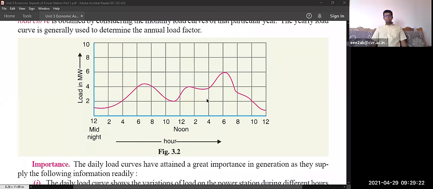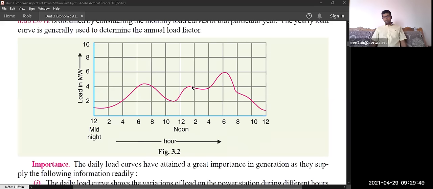From 10 o'clock to 12 and 2 o'clock, that is the peak time for your industrial loads or commercial loads. The commercial loads are starting. After this, domestic loads are less, so it is increasing like this because domestic loads are very less, only industrial loads.